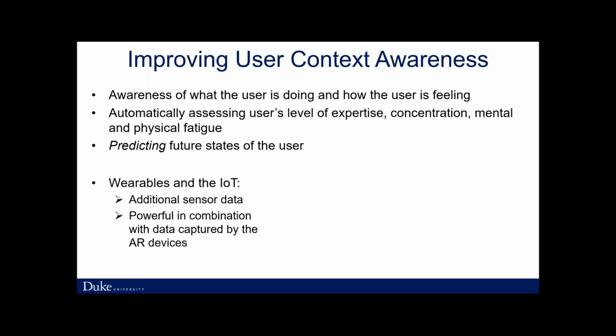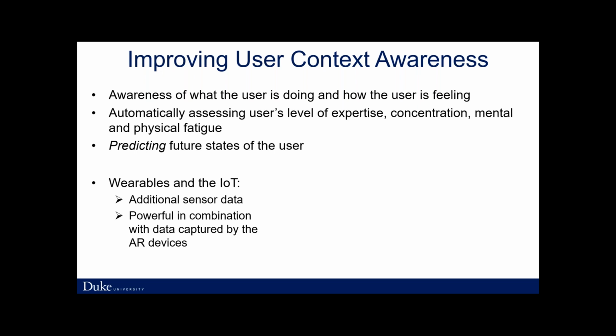And this is where there's a lot of potential for using wearables, IoT, and edge computing to make user context awareness algorithms reliable. IoT and wearables are naturally complementary with AR devices in this case. We are able to get different types of data about the user through these various channels.